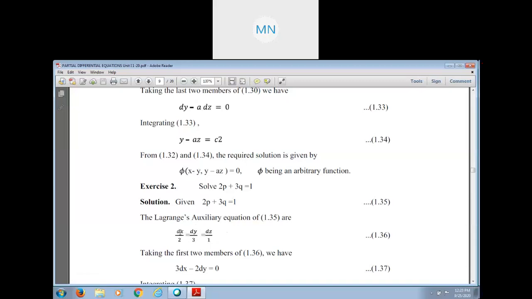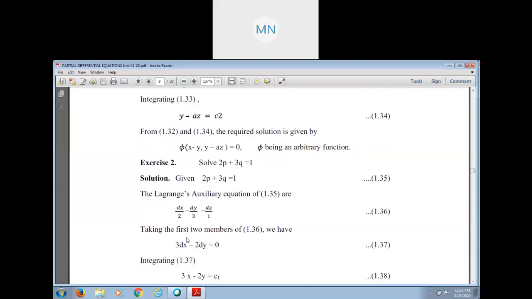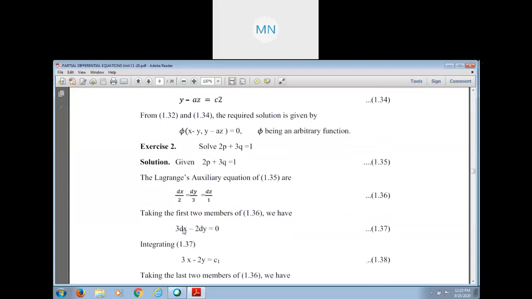Then we get 3dx minus 2dy equals 0. Integrate this one: 3x minus 2y equals c1.